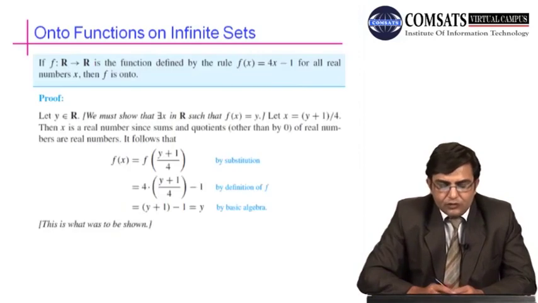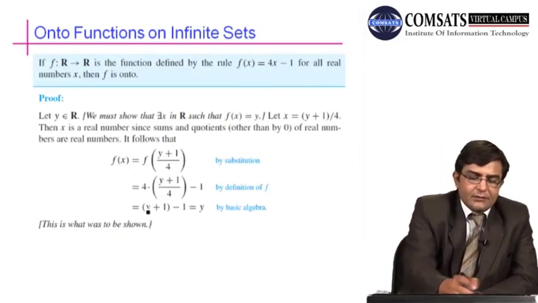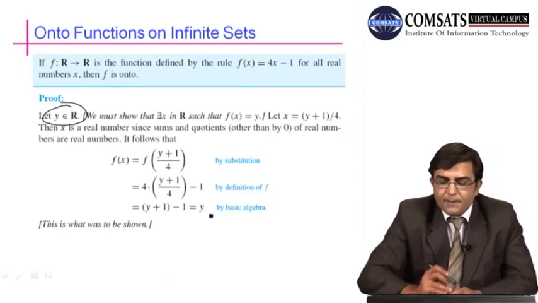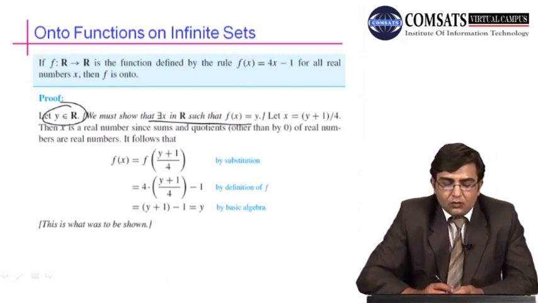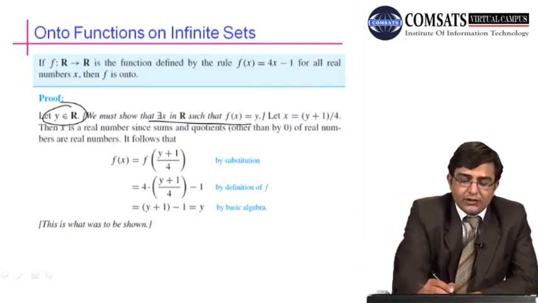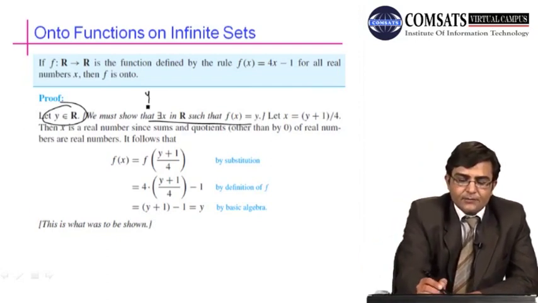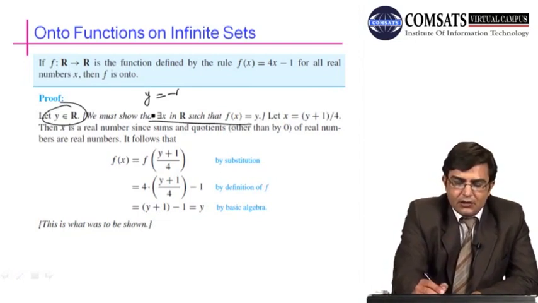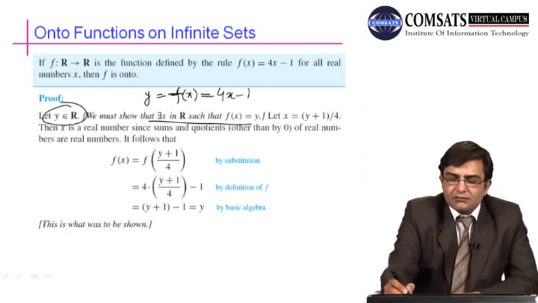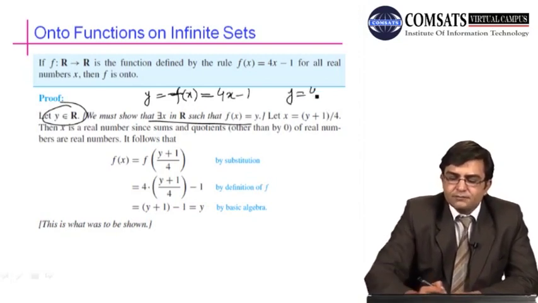First we say let y be any arbitrary element of R, and we must show this. Now y belongs to R, and we know that y is equal to f of x. Now f of x is what? 4x minus 1. It means y is equal to 4x minus 1.